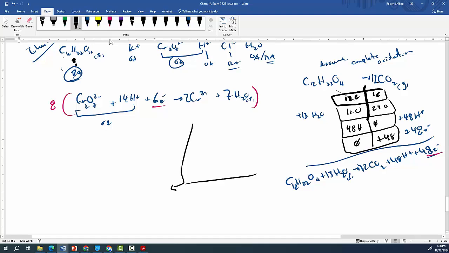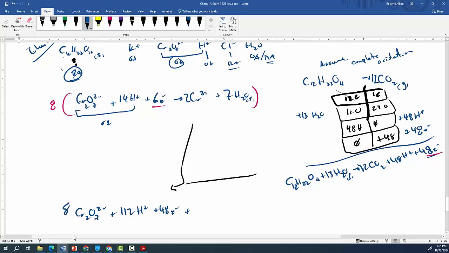I'm going to get 8 dichromates plus 80, and then 8 times 4 is 32. 8 times 14 is 112 H plus, and 48 electrons. Okay, that's the reactants here.